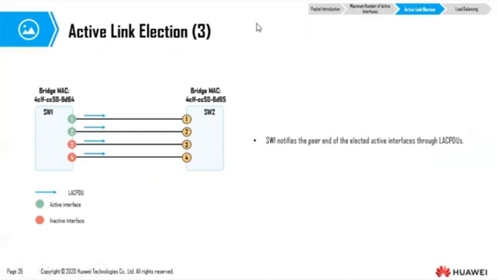Then switch 1 notifies the peer end of the elected interfaces through the LSCPDUs. So when it tells this one, then this one will make the decision to choose these two as active, and it's going to inactivate 3 and 4.